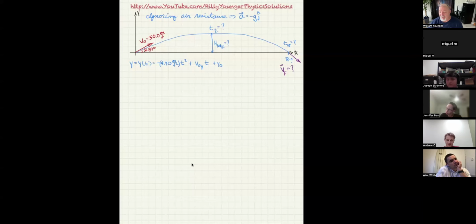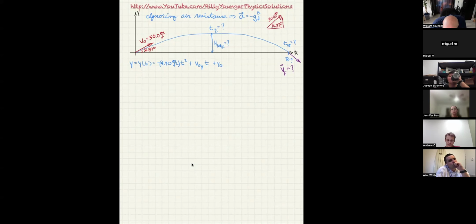That's acceptable, but I've never ever tried to use it with the x. Now, what we have to realize is with this particular vector that I've drawn, I have essentially 50.0 meters per second that way, 36.87 degrees there.